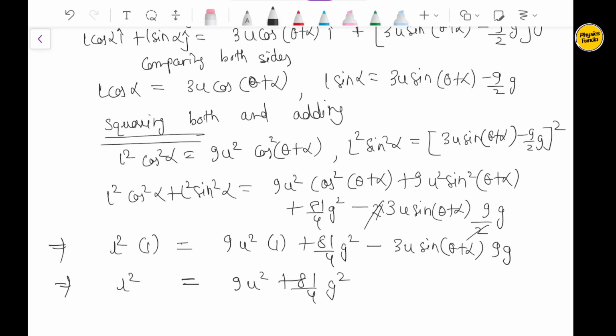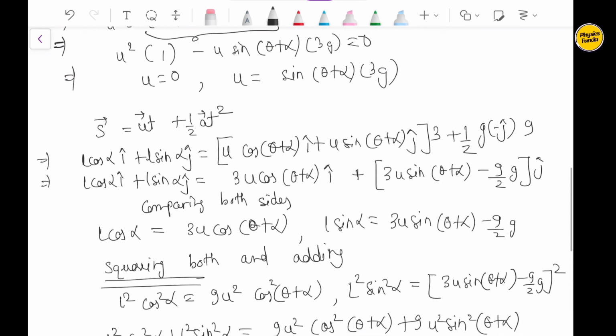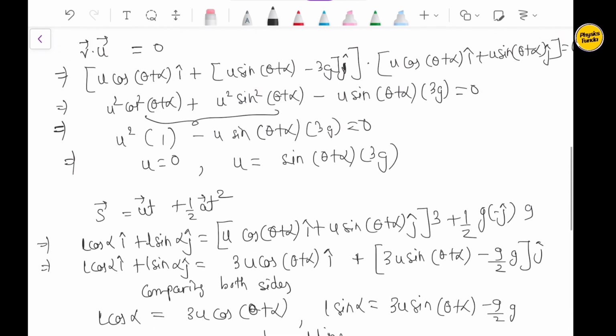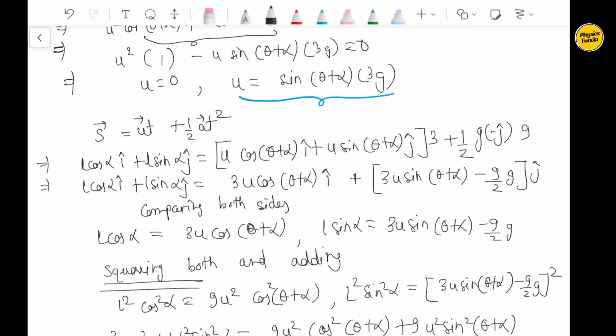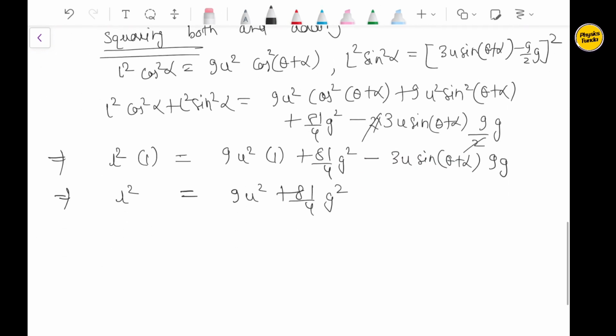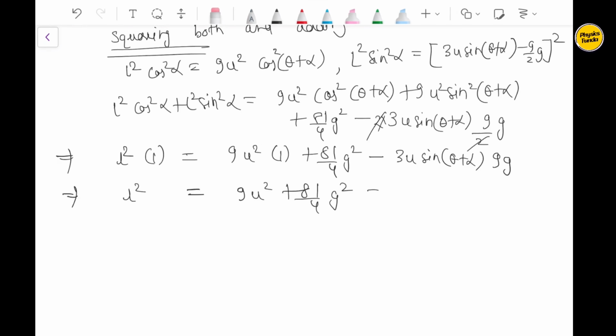minus, if you see, 3u sin theta plus alpha, I got this value, right? That equals 3 sine of theta plus alpha times g, so this can be adjusted to 9u times 3 sine theta plus alpha times g. This 3 sine theta plus alpha times g can be substituted with u.